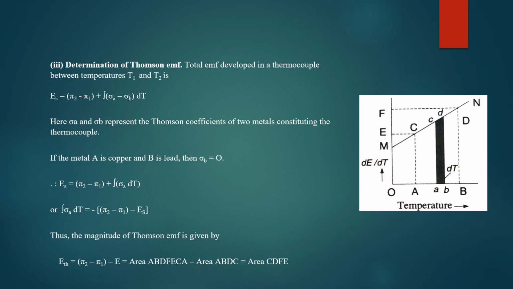Thus, the magnitude of the Thomson EMF is given by E_Th, which equals the area ABDFECA, this area, minus the area ABDC, this area.